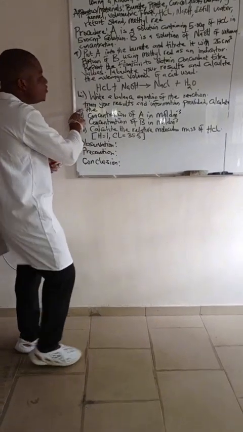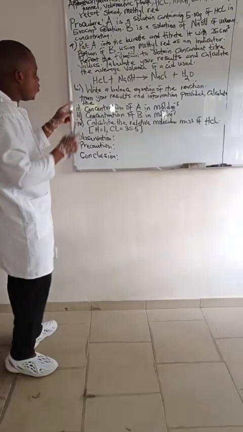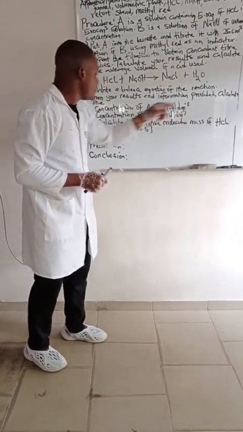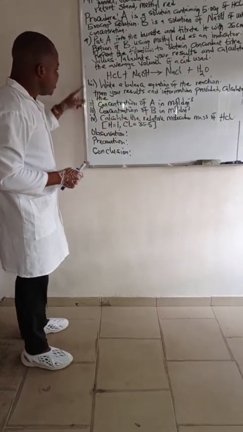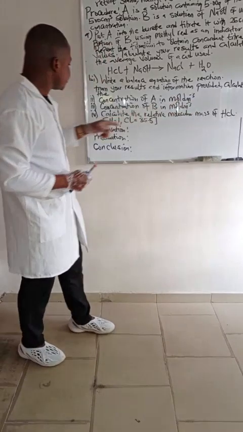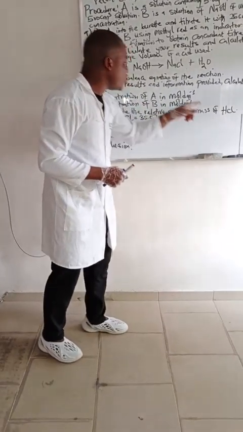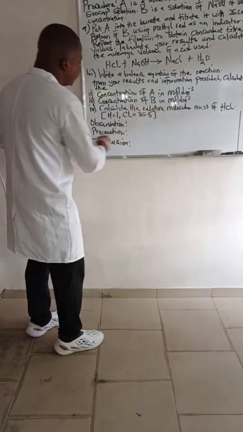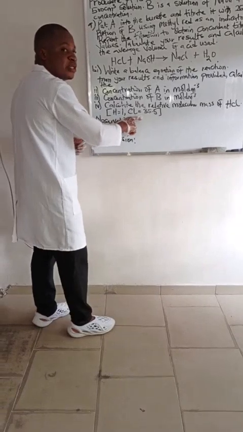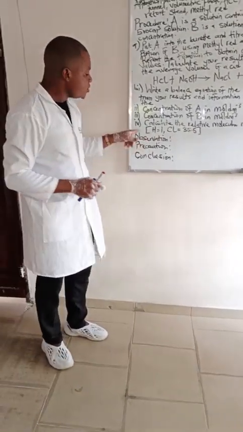From your results and information provided, calculate B(ii) the concentration of A in mol/dm³, B(iii) the concentration of B in mol/dm³, and B(iv) the relative molecular mass of the acid, HCl, where hydrogen is equal to 1 and chlorine is equal to 35.5.